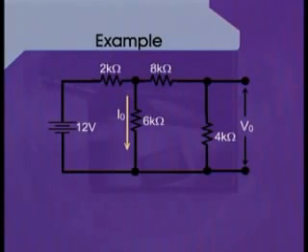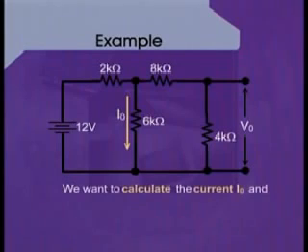Now the rest are resistance connections, and we want to calculate the current I0 which is flowing through the 6 kilo ohm resistance and the voltage V0 which is across the 4 kilo ohm resistance which is on the extreme right hand side of the circuit.